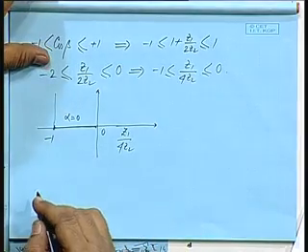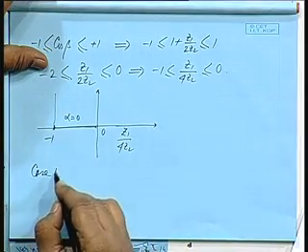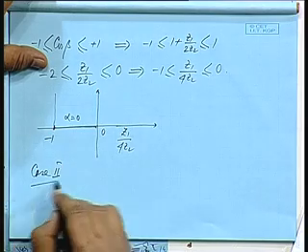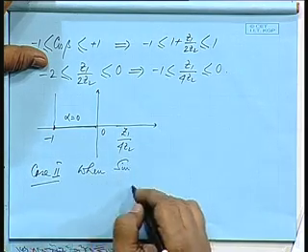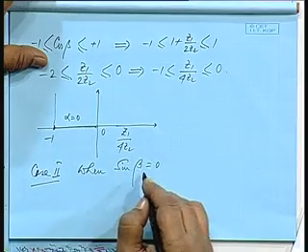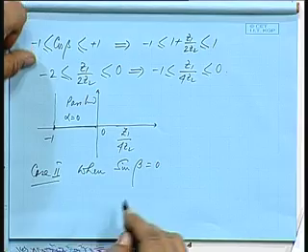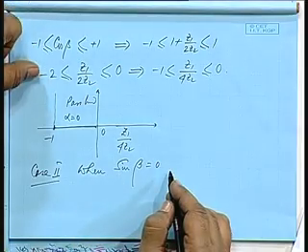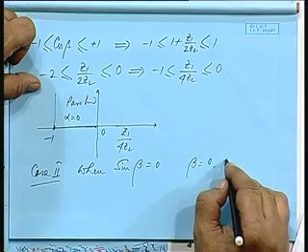Let us take the second case. When sin beta is equal to 0. When sin beta is equal to 0, there are two possibilities, beta can be 0 or plus minus pi.